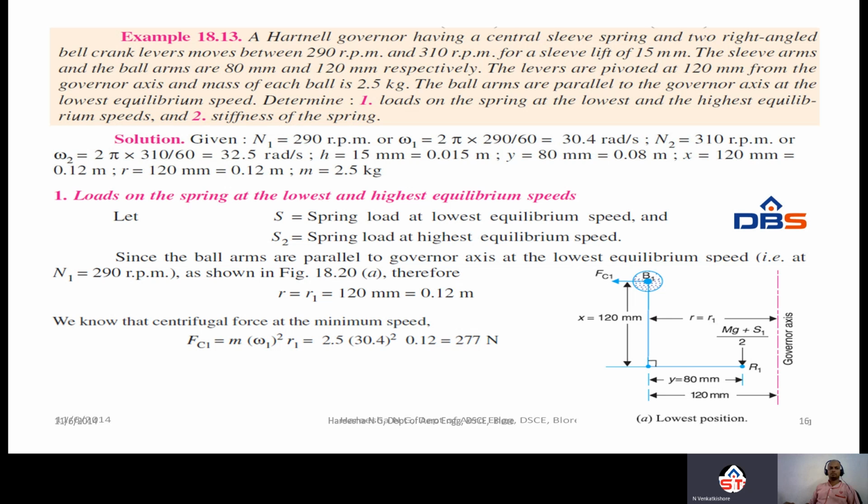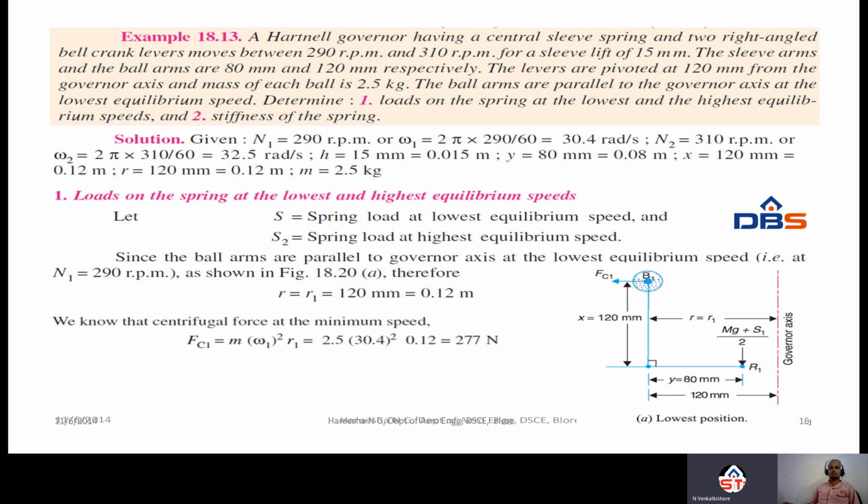The sleeve arms and ball arms are of 80 mm and 120 mm respectively, and the levers are pivoted at 120 mm from the governor axis.